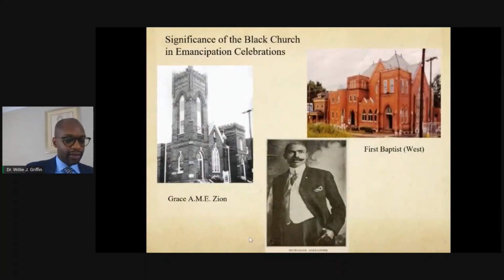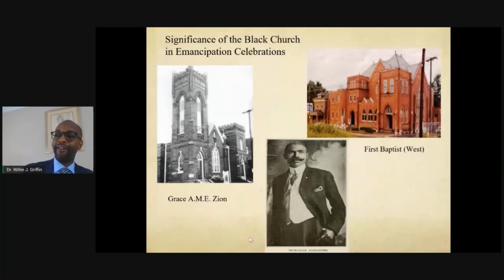And so the significance of the Black church is really important to understand in these early emancipation celebrations. Every New Year, you will find some African Americans in church, and most don't really understand that this connection is really connected to the issuing of the Emancipation Proclamation. Remember, earlier in the presentation, I talked about how 100 days before the Emancipation Proclamation was issued, Abraham Lincoln notified the country that he would be issuing it.